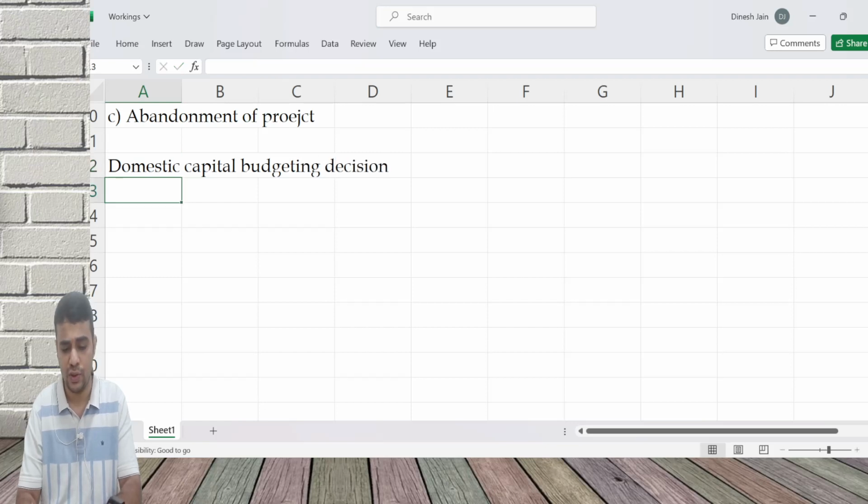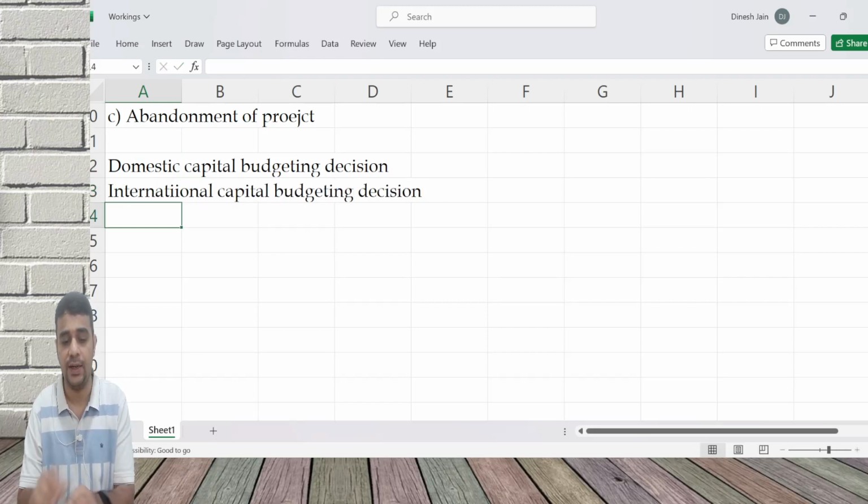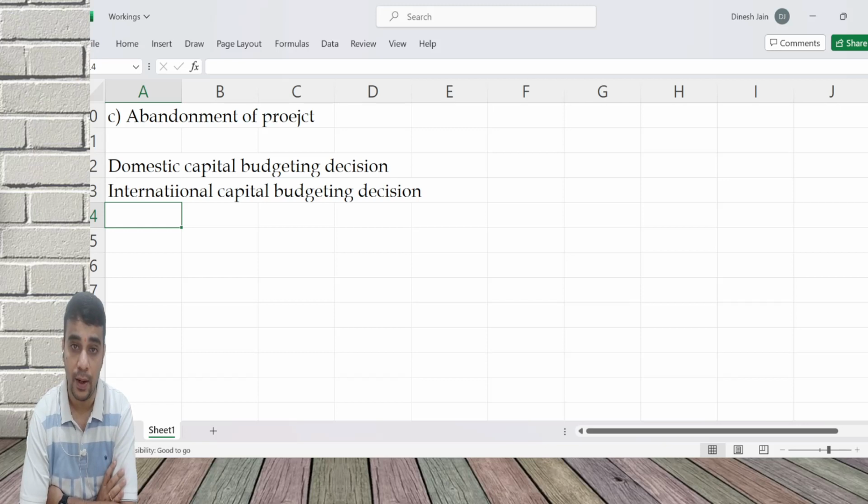It can also impact an international capital budgeting decision. Government policy is very, very critical because your domestic capital budgeting decision as well as your international capital budgeting decision are significantly impacted in case of changes in government policies.